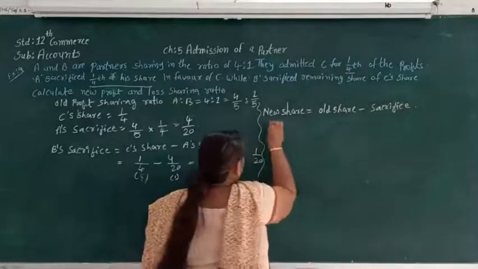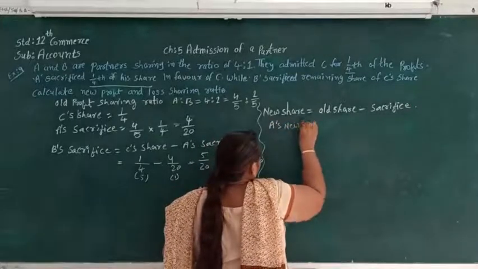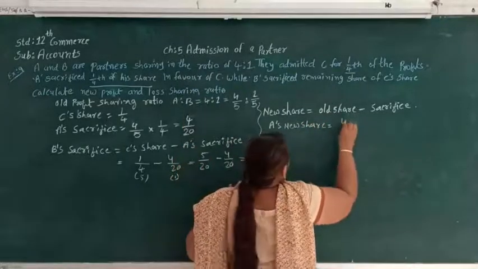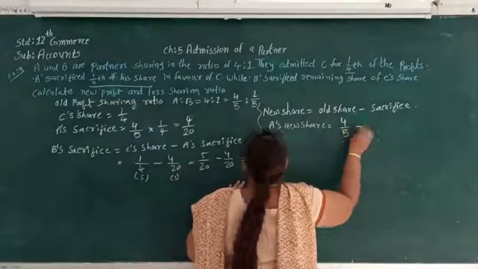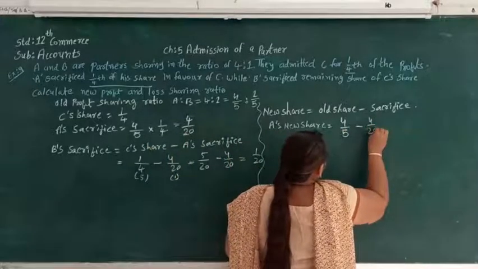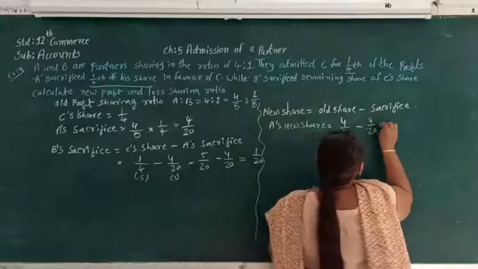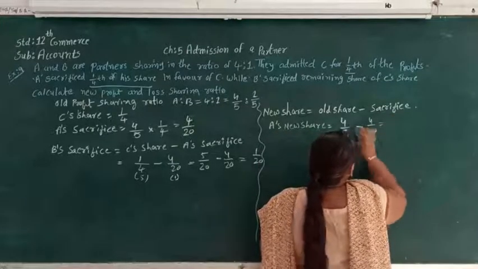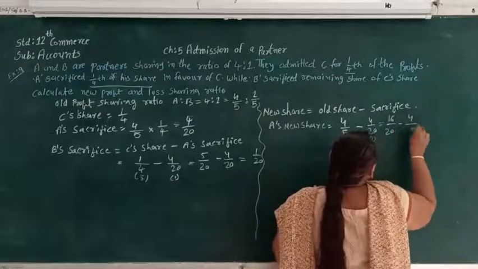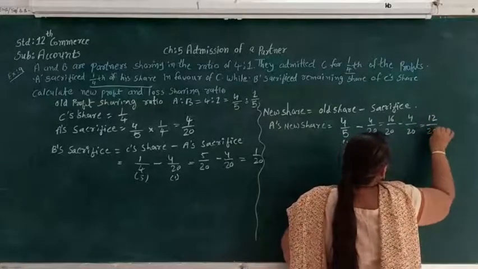So here A's new share is equal to A's old share, which is 4 upon 5, minus A's sacrifice, which is 4 upon 20. So here making the denominator same, we are going to multiply by 4. Here 4 fours are 16 minus 4 upon 20. So it will be 12 upon 20.